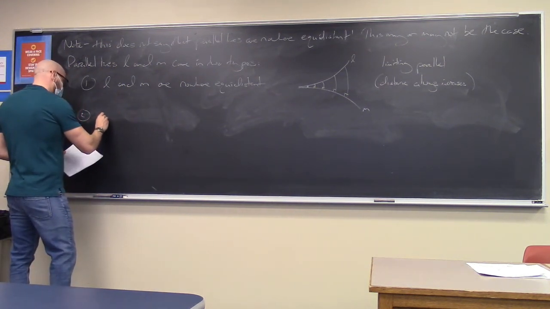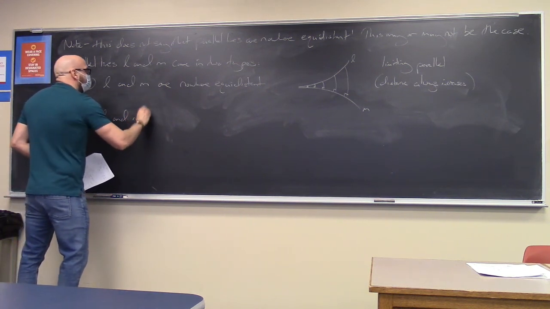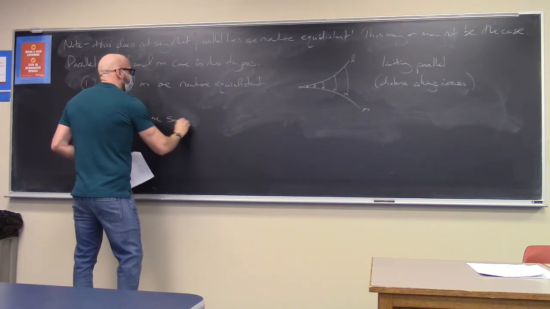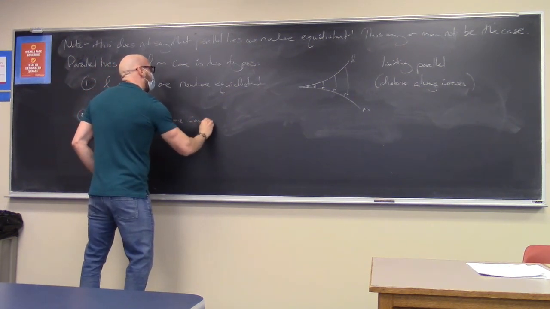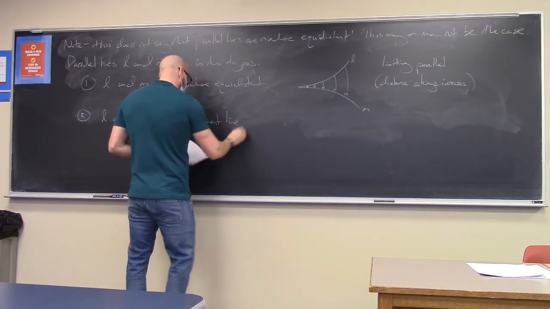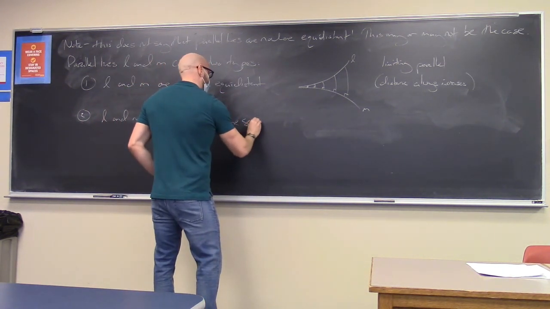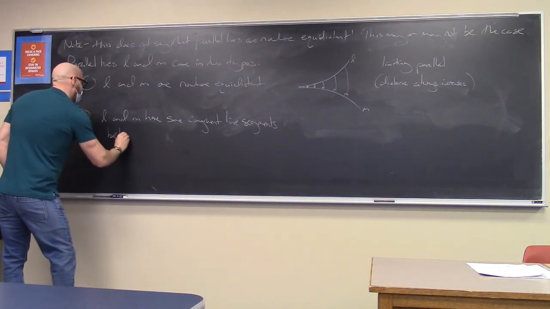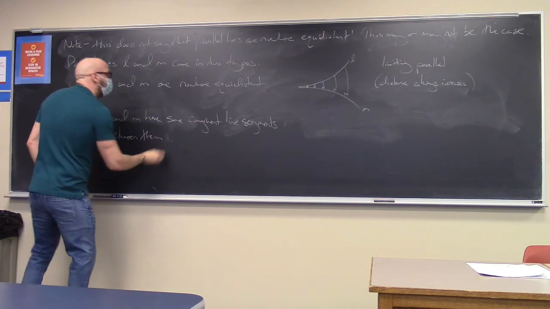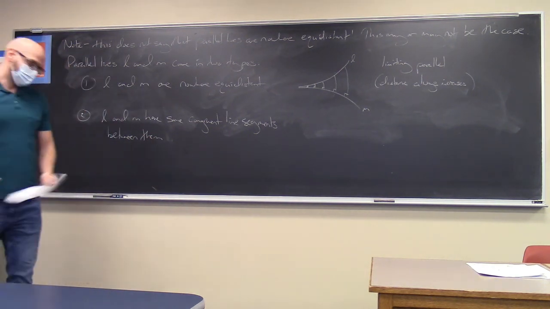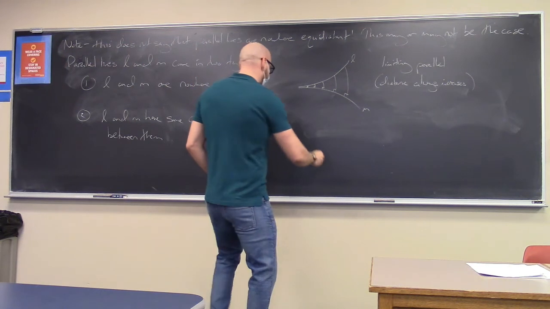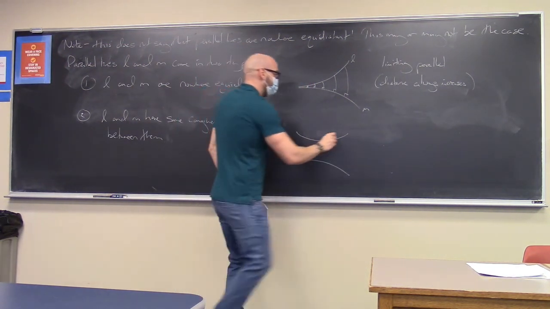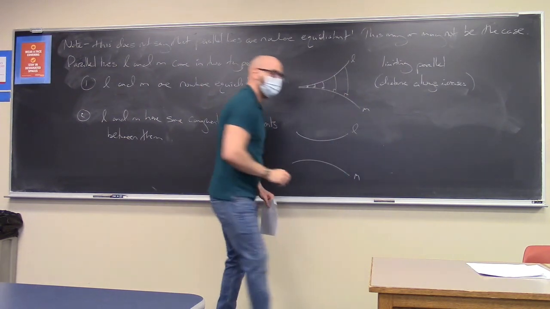So case 2, L and M have some pairs of congruent line segments between them. So these look like the picture I already drew. L and M.